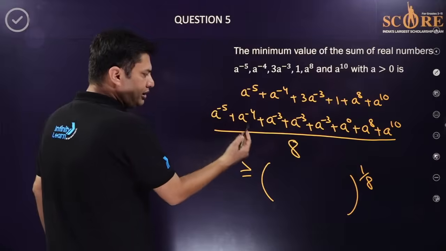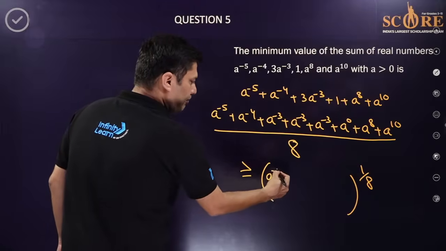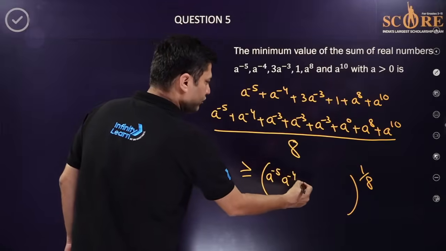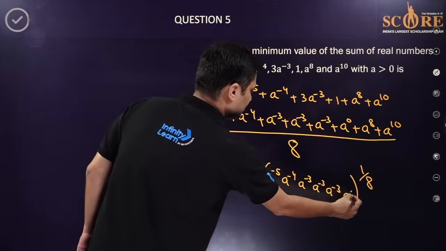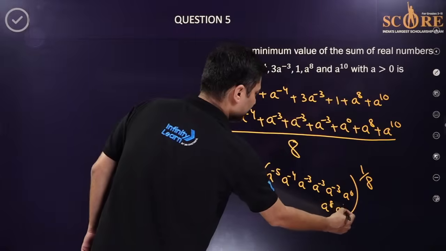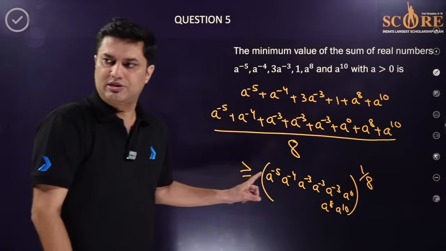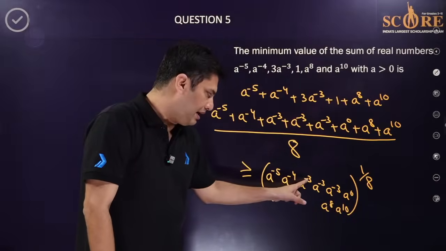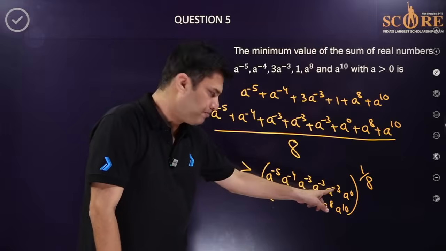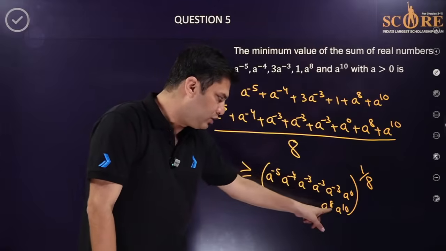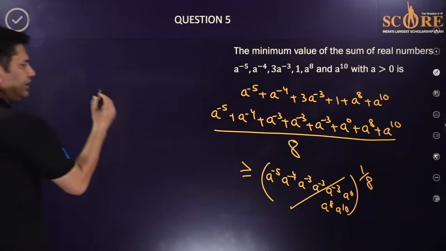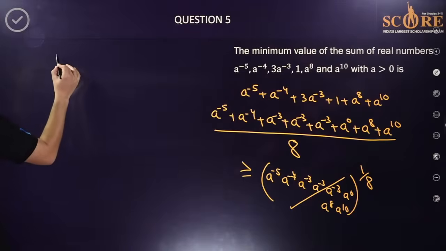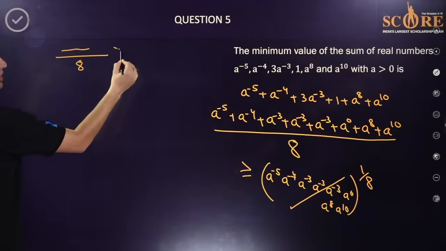If you multiply all the numbers, the exponents are minus 5, minus 4, minus 9, 0, 8 and 10, so minus 9, minus 12, minus 15, minus 18, giving a to the power minus 18 into a to the power 18. So this is 1. If this is 1, then definitely this whole sum divided by 8 is greater than or equal to 1.